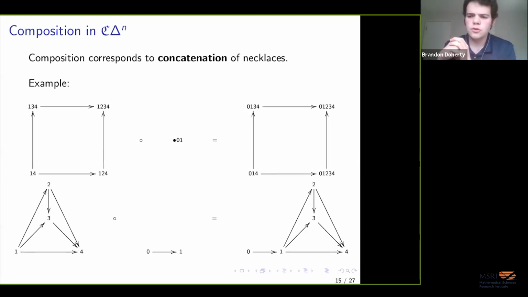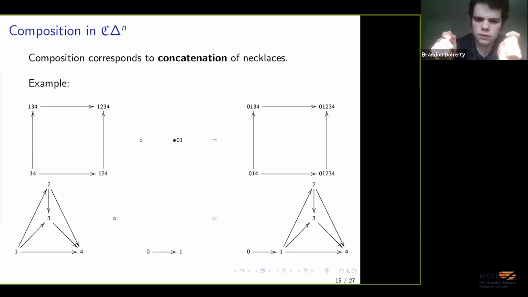Now let's look at some higher dimensional examples of that. So here we have a 2 cube, which we are composing with. We got this 2 cube from 1, 4 to 1, 2, 3, 4. And we're composing that with the vertex 0, 1 to get this composite 2 cube, which goes from 0, 1, 4 to 0, 1, 2, 3, 4.